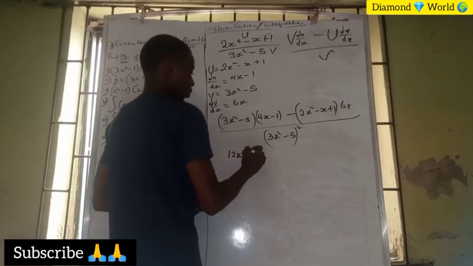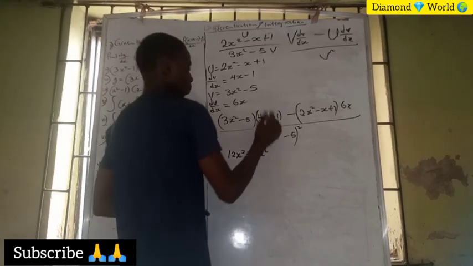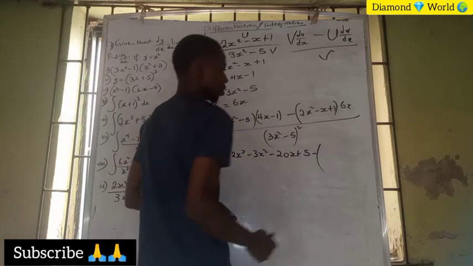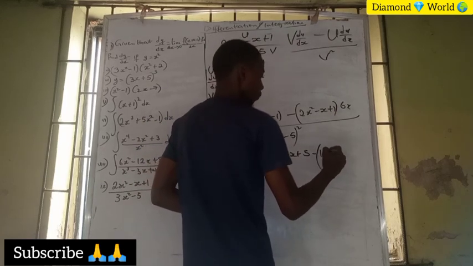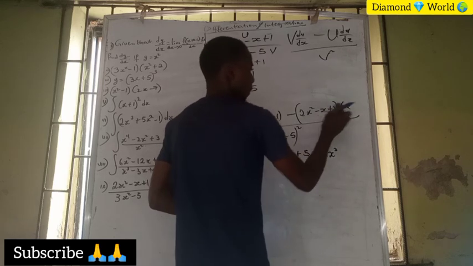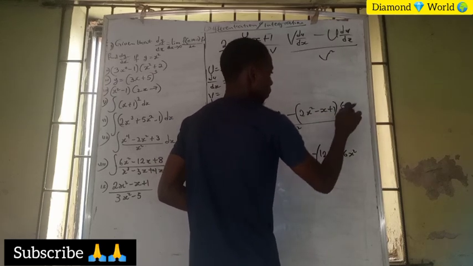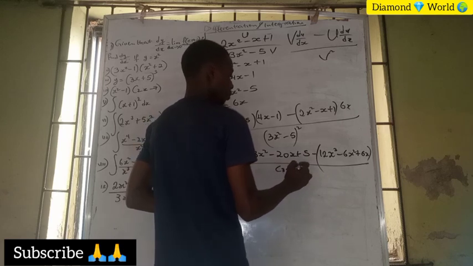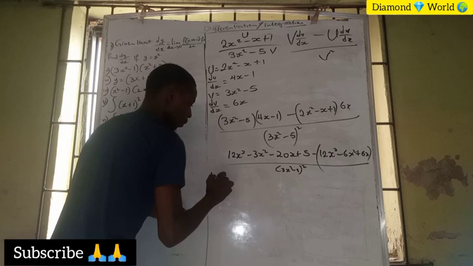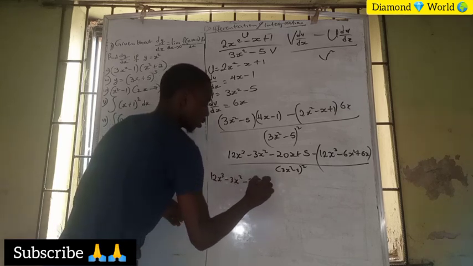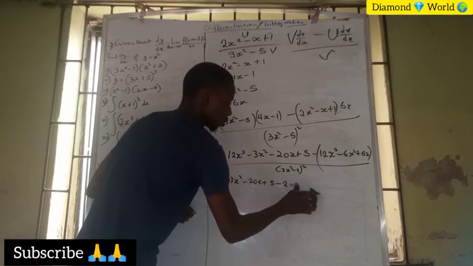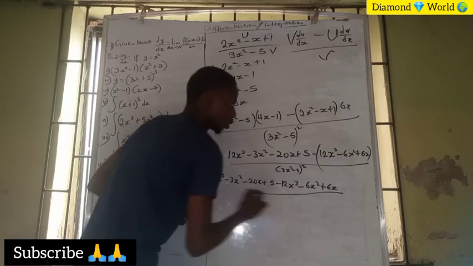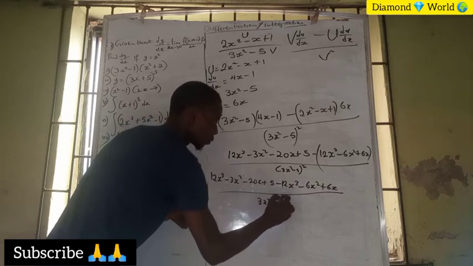12x cubed minus 3x squared minus 20x plus 5, minus into brackets 12x cubed minus 6x squared plus 6x, all divided by 3x squared minus 5 all squared. 12x cubed minus 3x squared minus 20x plus 5 minus 12x cubed minus 6x squared plus 6x, all over 3x squared minus 5 all squared.